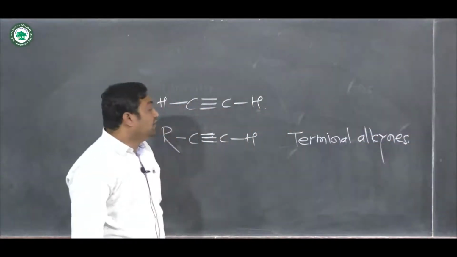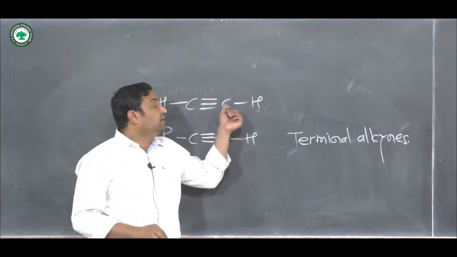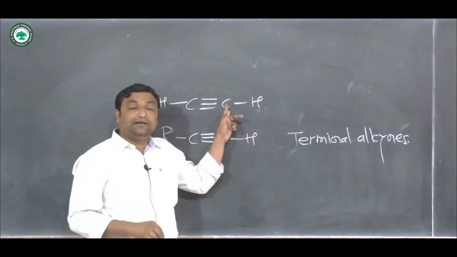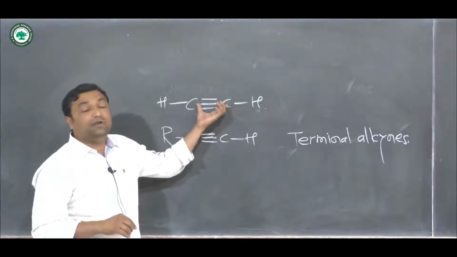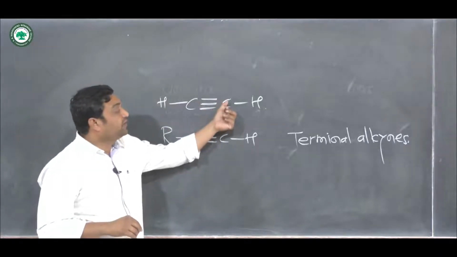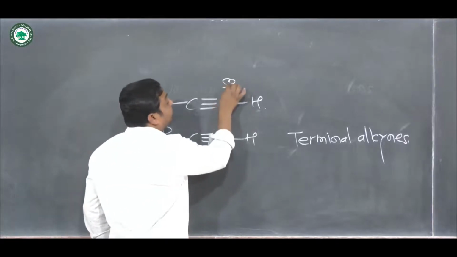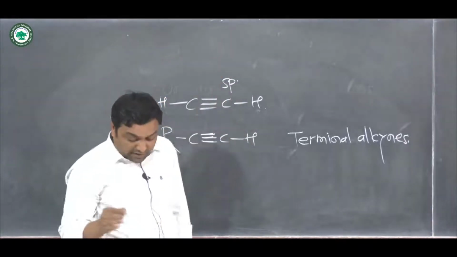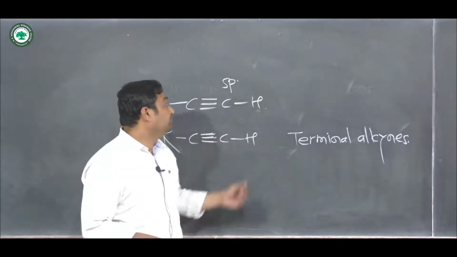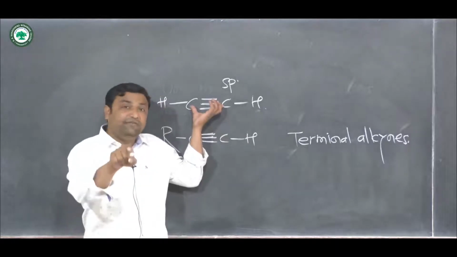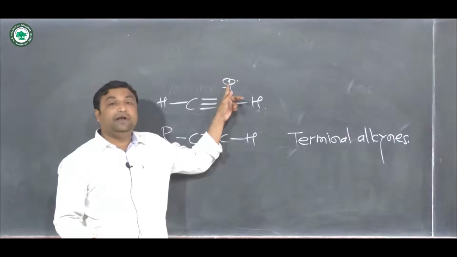Now we know the hybridization of the carbon atom between which the carbon-carbon triple bond is present. This carbon atom is sp hybridized. It means the carbon atom of alkyne between which the carbon-carbon triple bond is present is sp hybridized.